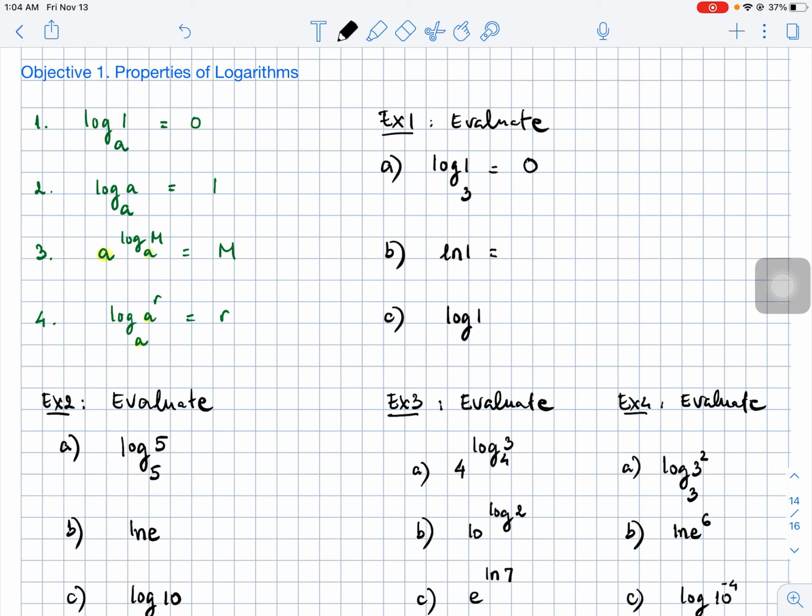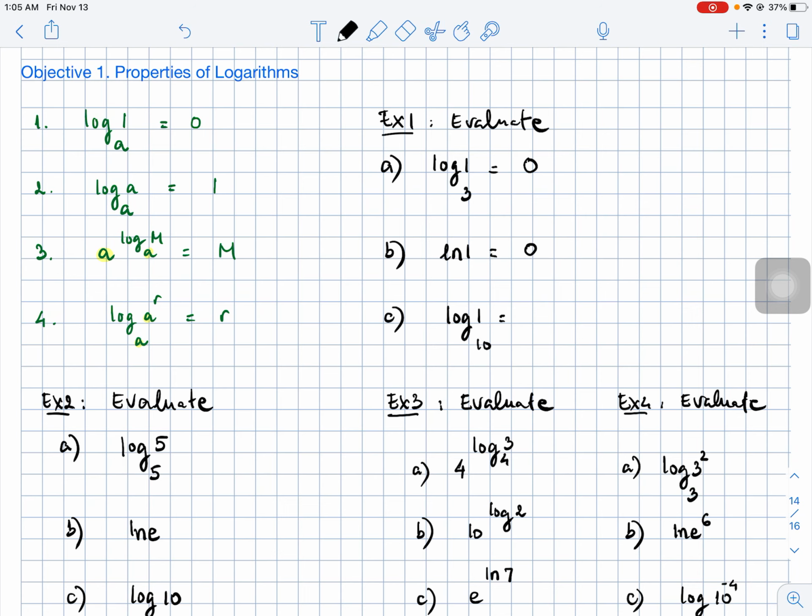In part B, you see that it is the ln, and the base of the ln is e. So e to the what power gives us 1? The answer is also 0. In part C, you don't see any base. That base is 10, so the 10 is invisible.